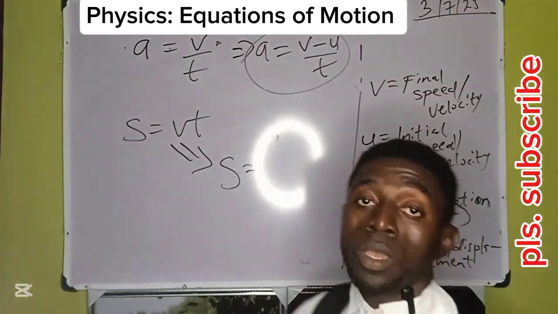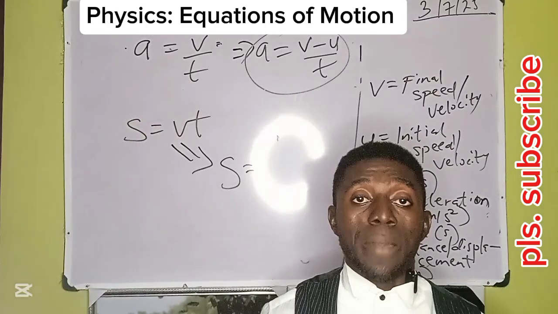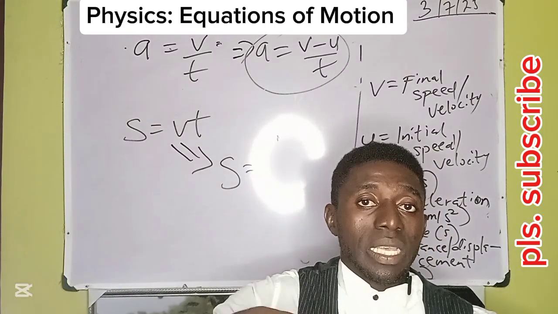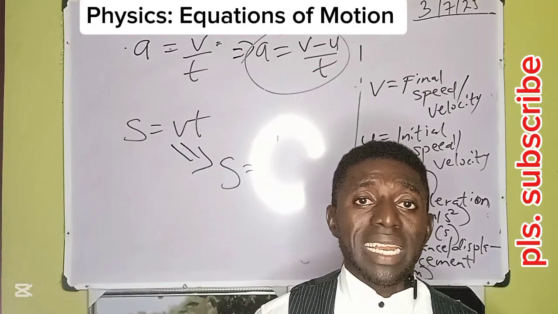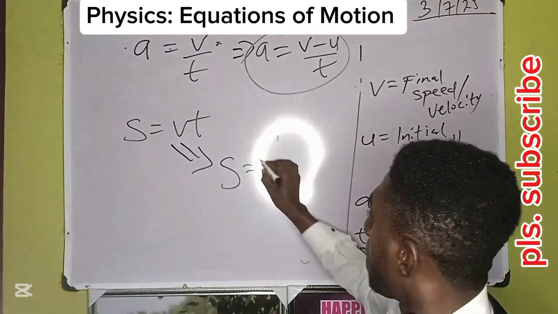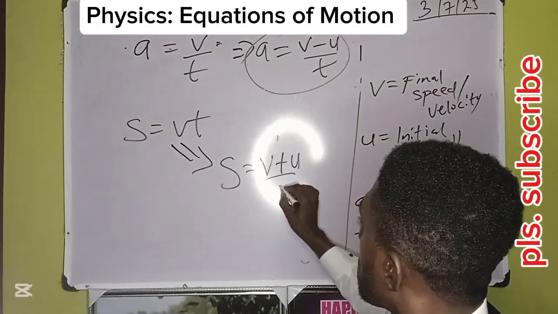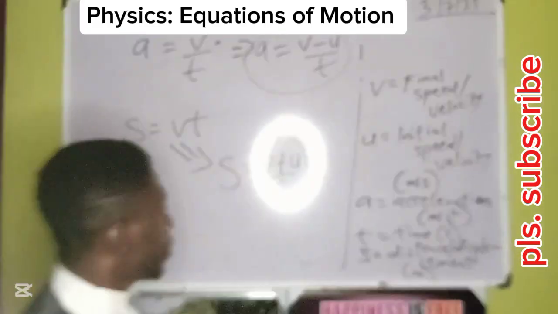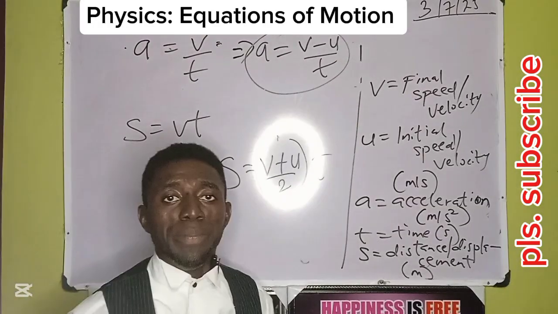Distance is equal to average speed multiplied by time. To get the total distance covered by a body, we have to know the average speed and multiply it with time. The word average is like taking the mean.